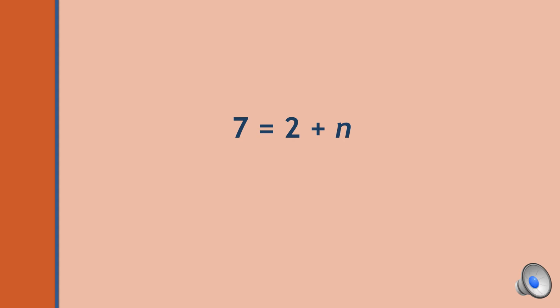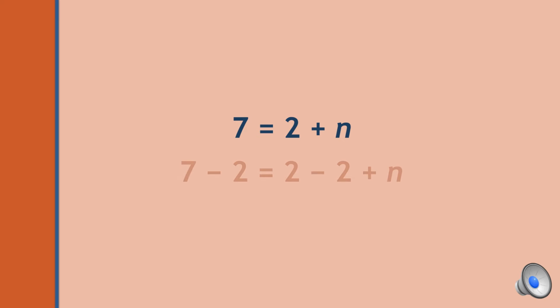Okay, here's another one. I want you to pause the video and find the solution for n. Good job. I hope it didn't throw you off that the variable is now on the right-hand side, because it doesn't matter. Either way, you go through the same series of steps in order to solve for n.